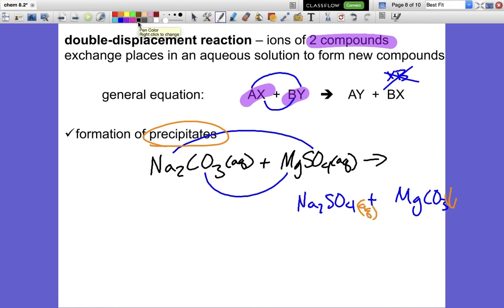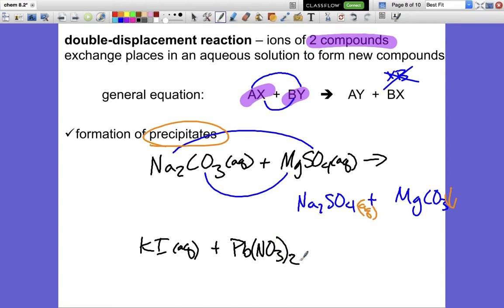Another example, and I might post a video for this one because it's kind of cool. I'm not going to do this one myself because you have to clean it up, and I don't feel like cleaning it up. But luckily someone will probably have done it for me at some point or another. So I have potassium iodide. And let's say we react it with lead nitrate.